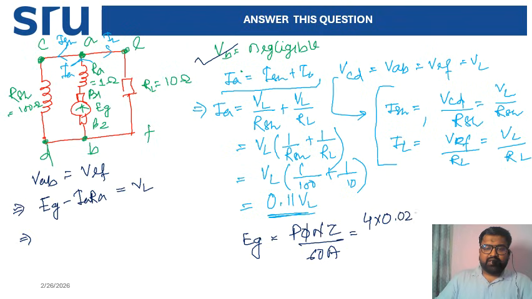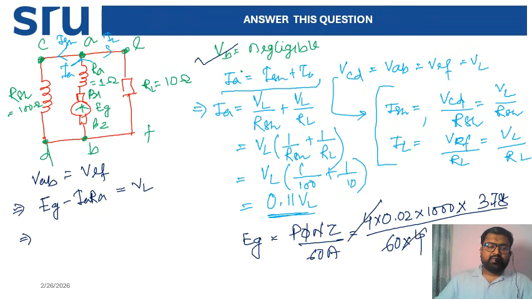And N value is given, that is 1000. Then Z value is 378 divided by 60 into 4. A equal to P, wave winding, that means 4. Then 4 is cancelled out. If you solve this equation, the answer will come around 252.